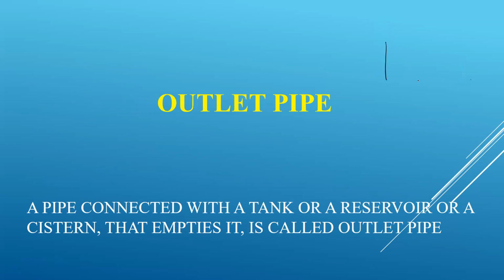Outlet pipe is basically a pipe which helps in emptying the tank, or I would say उसमें से आप पानी निकाल लेते हो, ठीक है, निकल जाता है बाहर, खाली कर देते हैं हम अपने टैंक को. So a pipe connected with a tank or a reservoir or a cistern that empties it is called an outlet pipe. तो basically होता क्या है बेटा, जब इस तरह के क्वेश्चंस आते हैं तो हमारे पास कुछ दो तीन चीजें होंगी.